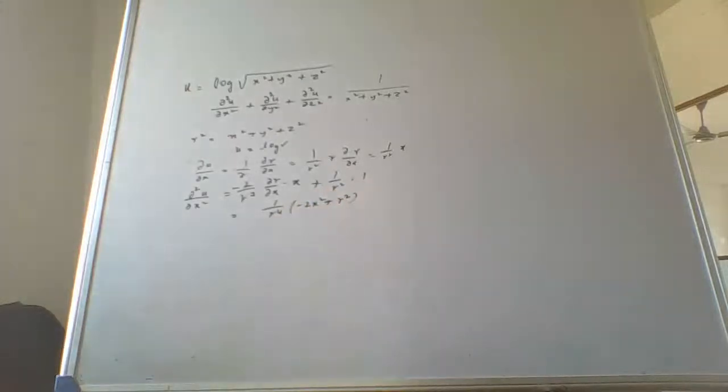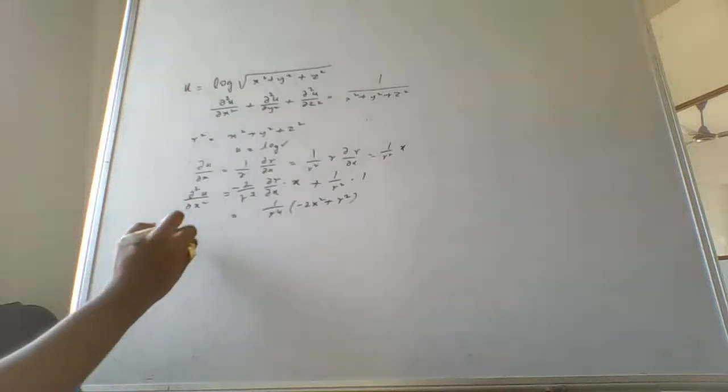So I got the result, which is dou square u by dou x square is 1 by r power 4 into minus 2x square plus r square. Okay, so that's done. So let us add all those results which you got.